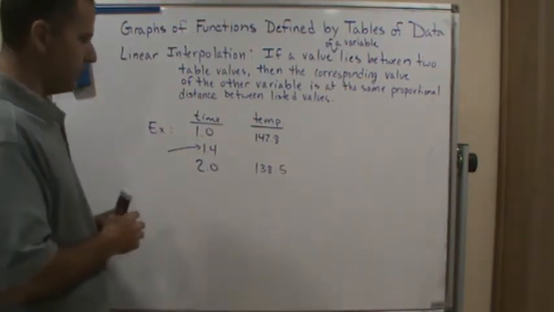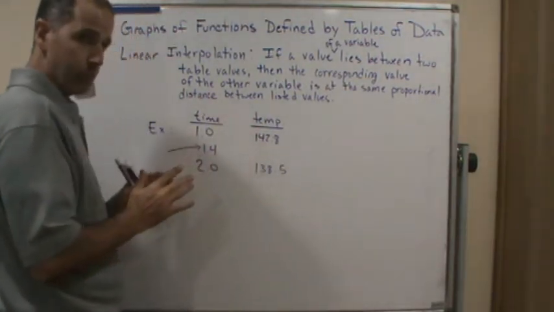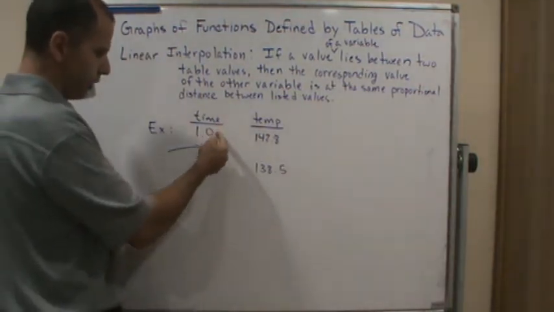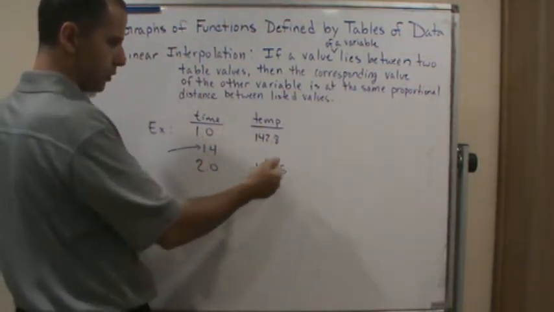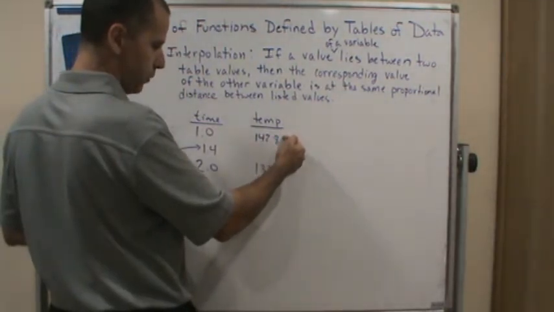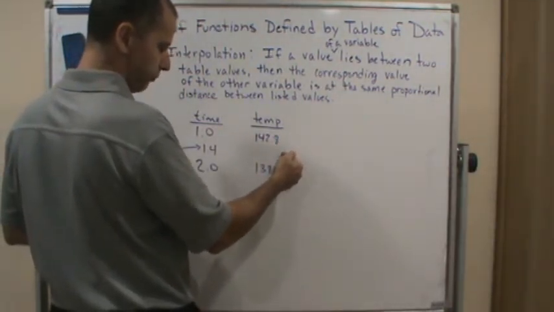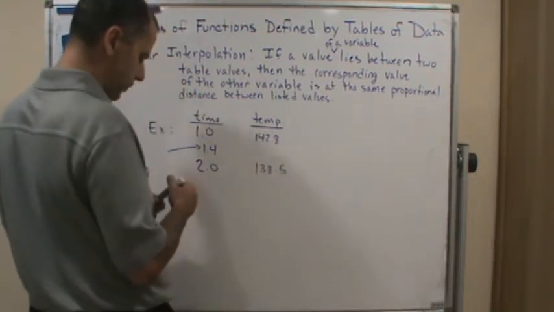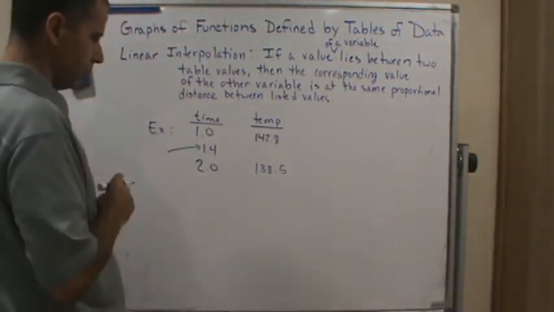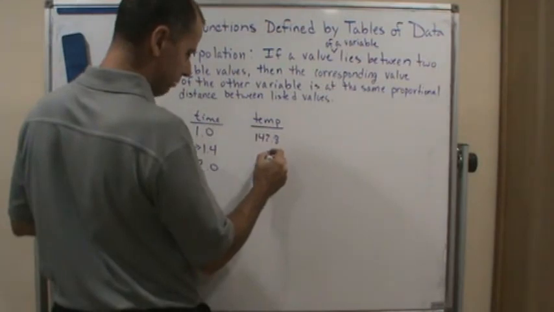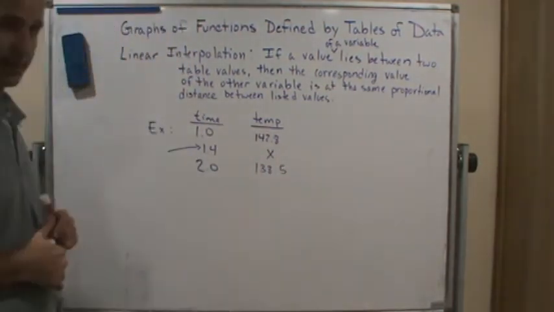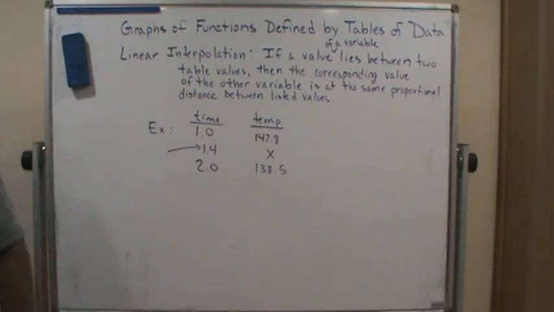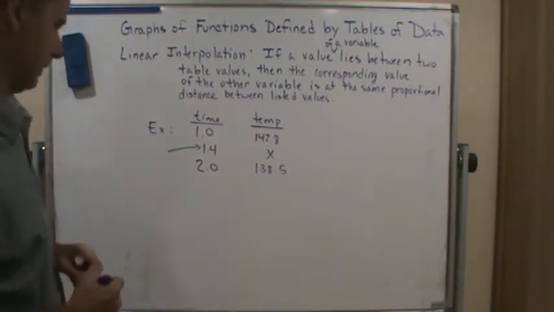To find that temperature, we're going to assume that the distance from 1 to 1.4 is proportional to the distance of 142.8 to the temperature, which we're going to call X. That's the temperature we're trying to find. We don't know what that temperature is. So we're going to make a proportion of the distances.